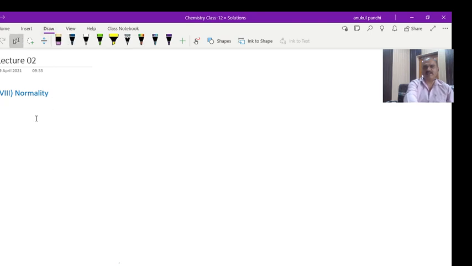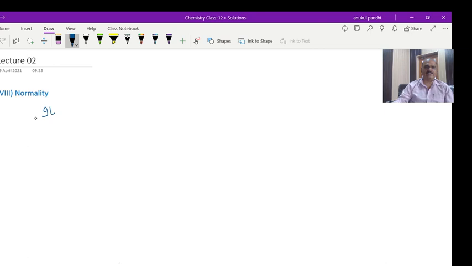Then after that, we shall study solubility of solutes in solvent. Now let us first take the eighth method of expressing concentration of a solution, which is called normality.